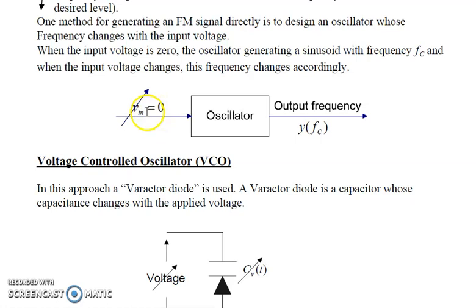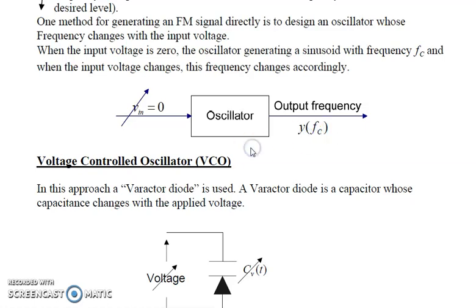According to the message signal amplitude, the modulated signal is generated. Since the message signal amplitude is 0, here we will have the output frequency which is the carrier frequency.